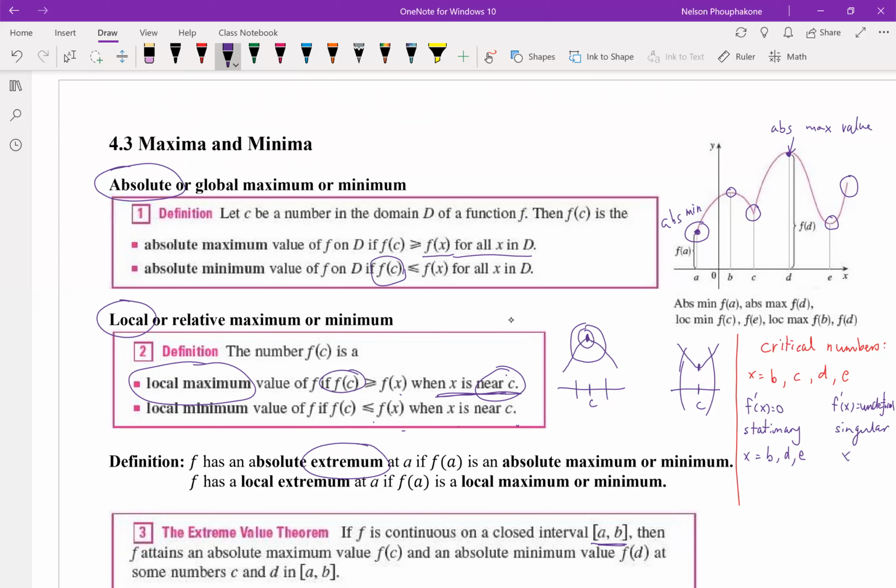In this case, x is equal to c. So this is the idea about how we identify the critical numbers, stationary, or singular.